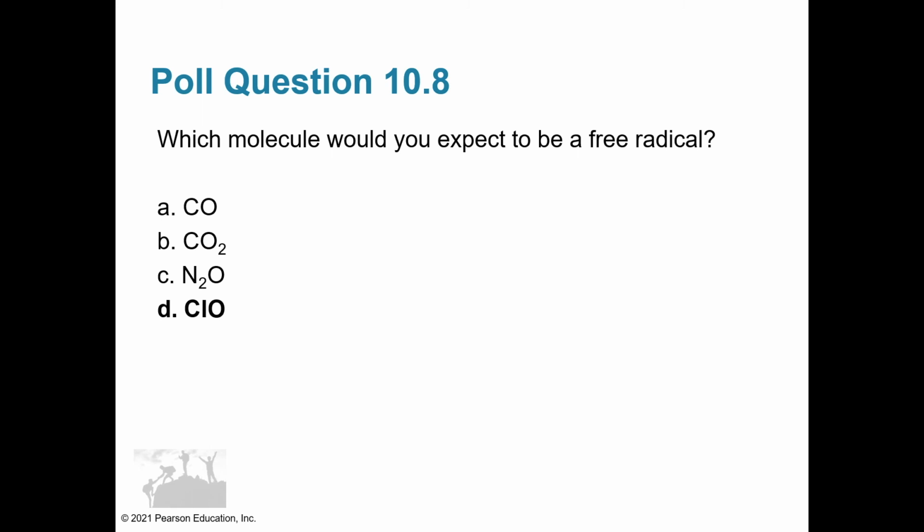Okay, so the answer is letter D. It's the only one that has an odd number of valence electrons. It's got 13. CO has 10 valence electrons, and carbon dioxide and dinitrogen oxide would have 16.